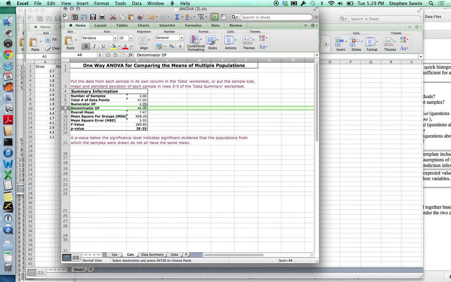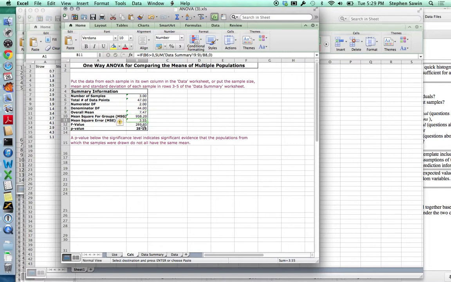And while we're looking, I'll just show you that the numerator degrees of freedom is always 1 less than the number of samples. We would write that k minus 1. The denominator degrees of freedom is always the total number of data points minus the number of samples. On the nose, this is the average of everything.